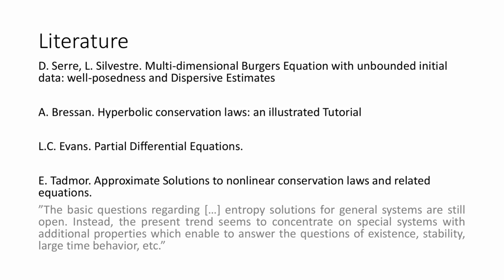Some of the results I've used in this presentation can be found also in the literature. There's a publication by Serre and Silvestre on the multidimensional Burgers equation, from which I've taken a few hints. We also refer to another publication by Bressan on hyperbolic conservation laws. I've used some items from Evans' textbook on partial differential equations.